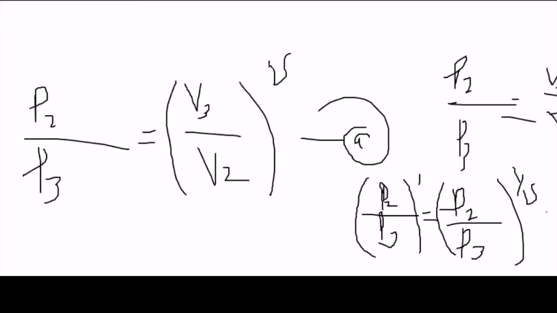So T2 by T3 is equal to, now this comes to the left hand side, this will become P2 by P3 to the power of 1 minus 1 by gamma. So 1 minus 1 by gamma will become gamma minus 1 by gamma. So T2 by T3 is not only written as V3 by V2 to the power of gamma minus 1, it also can be written as P2 by P3 to the power of gamma minus 1 by gamma. So that's what the problem has shown.